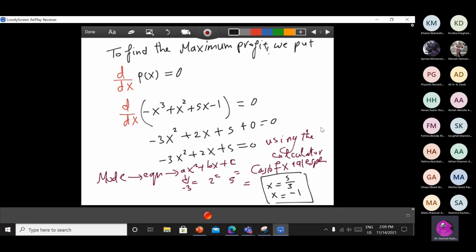Okay. So these are the two x values. I would like to check which one will give me the maximum or which one will give me the minimum, right?